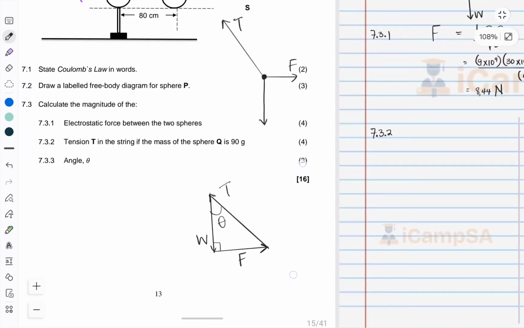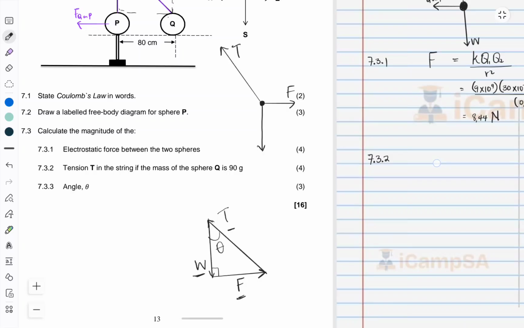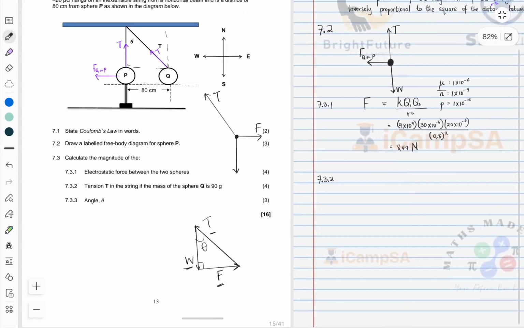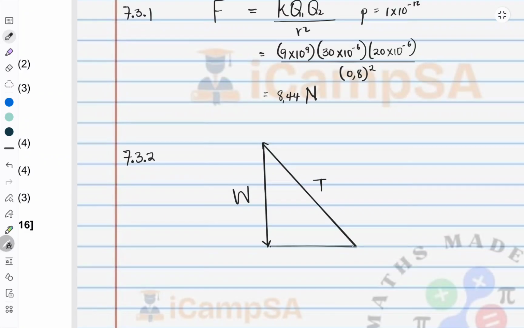We are not told what theta is, right? So what we do know is we know F. We can find weight and thereby find tension using Pythagoras theorem. So like I said, you have weight, you have your tension vector, which is T, you have F, then that's your theta there.